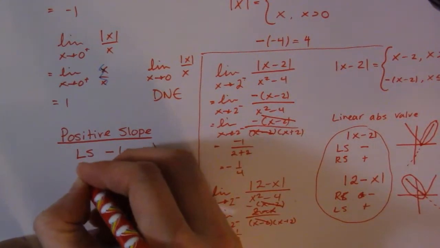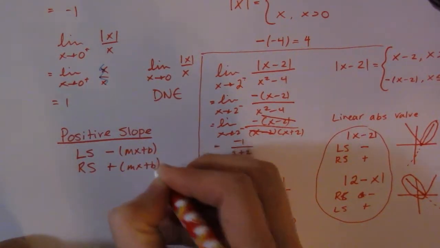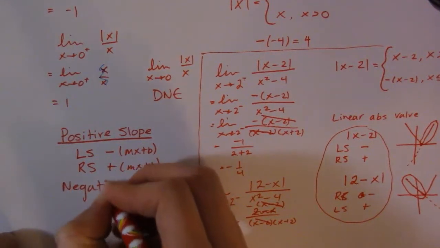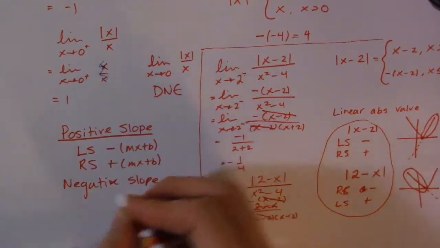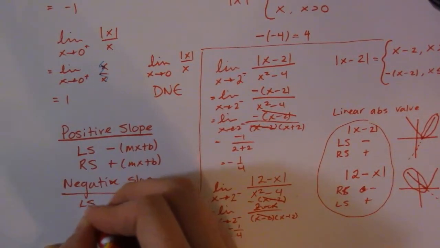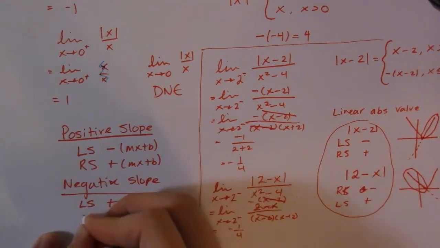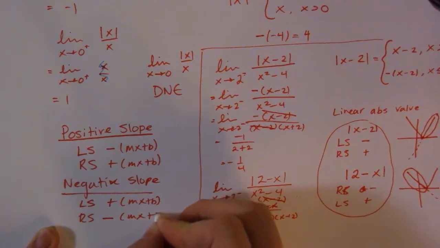If it's from the right side, you take the positive of your mx plus b. If it's a negative slope, it's left side, you take the positive of mx plus b. If it's from the right side, you take the negative of mx plus b.